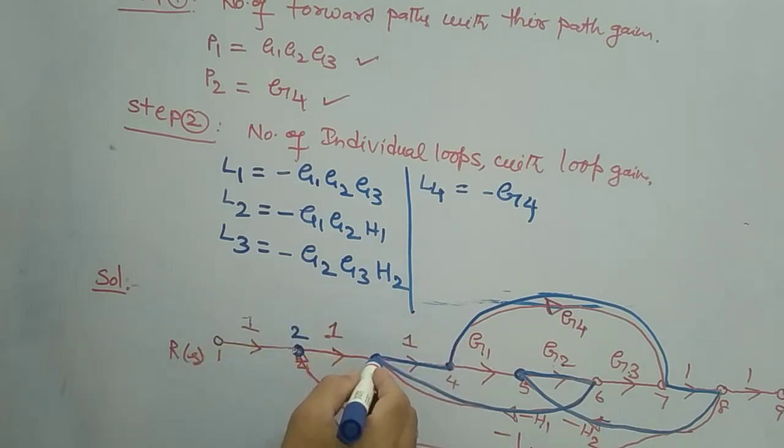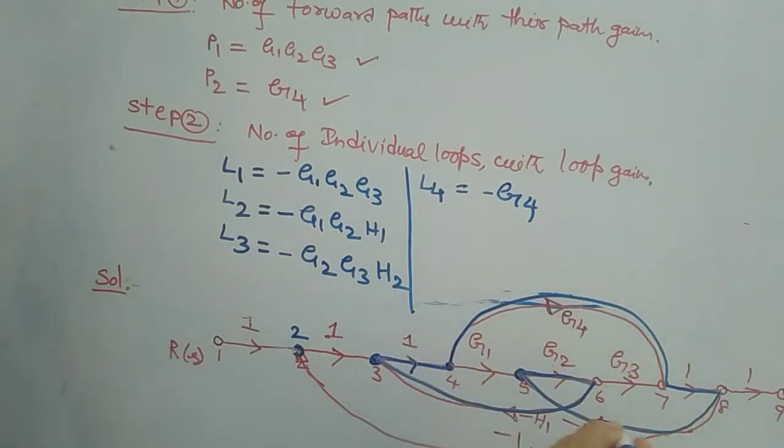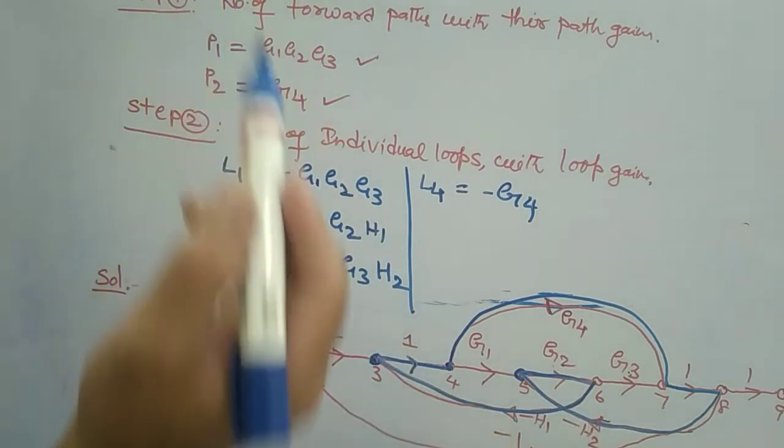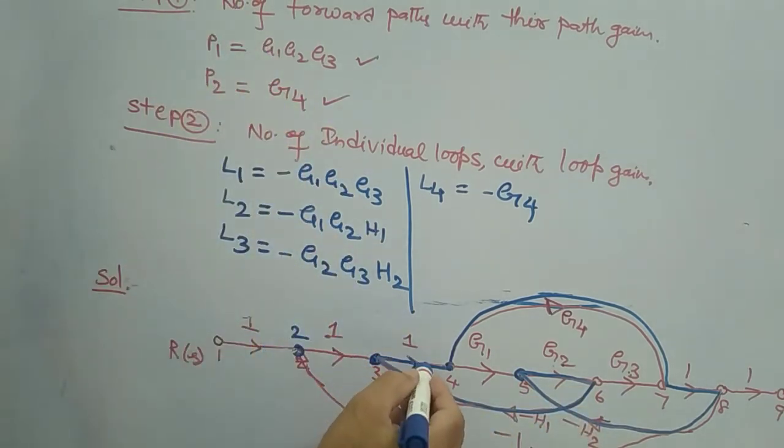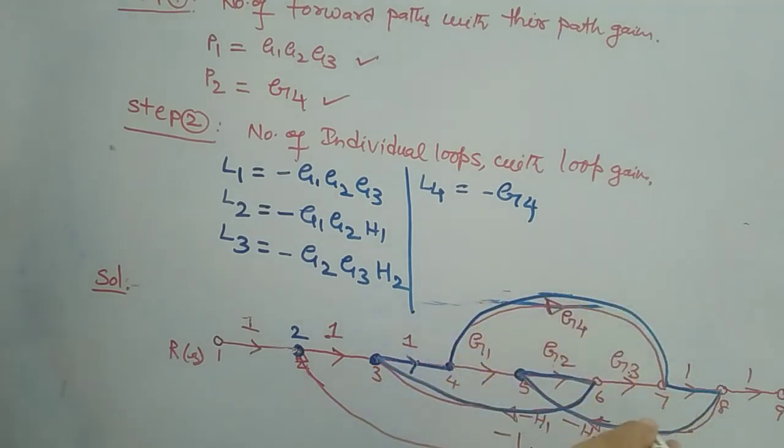We started at 3, going forward, and finally reaching 3. What are the gains available here? 1 into G4 into 1, with minus H2 and minus H1 on this path.